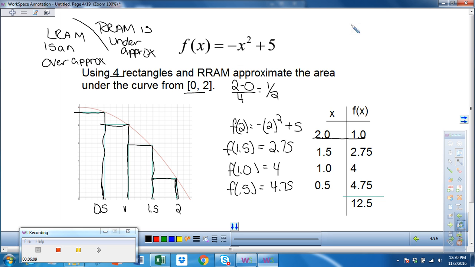And it's just the opposite if the function is increasing. So if the function is increasing, then left RAM is an under, and right RAM is over.